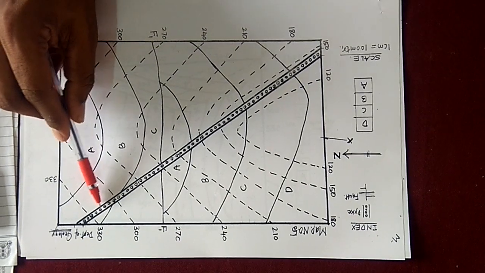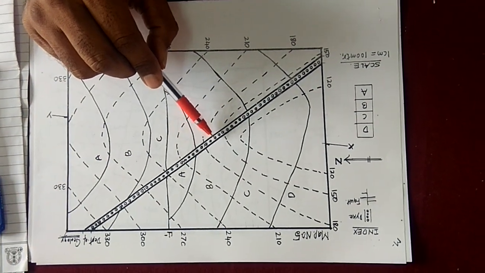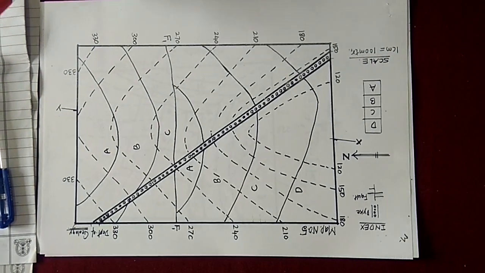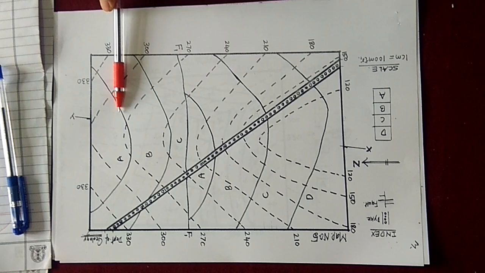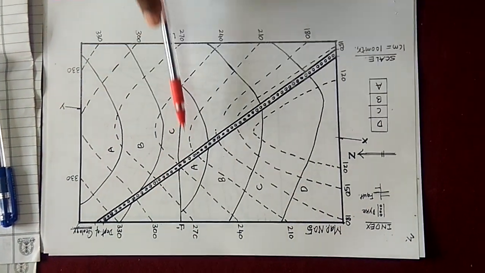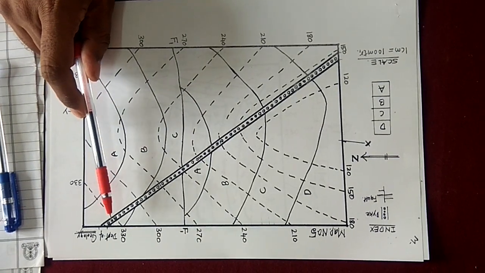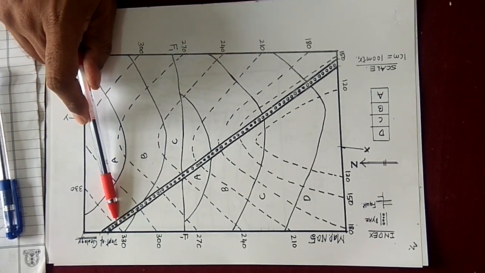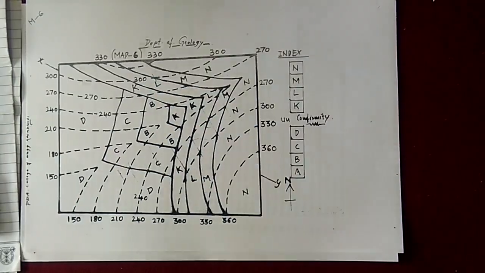It means this is the youngest. Dike is the youngest, friends. Okay. Now here once again you see in this map, beds are inclined and there is a fault and one more dike. While we are drawing the map, we will show you how to draw the faults. Okay, this is the fifth map.